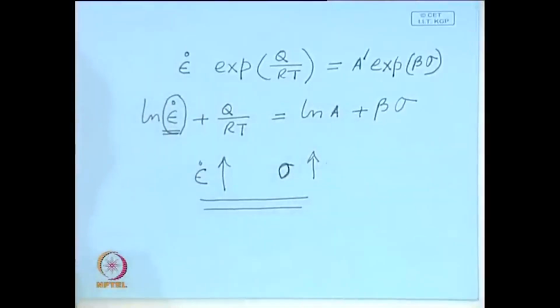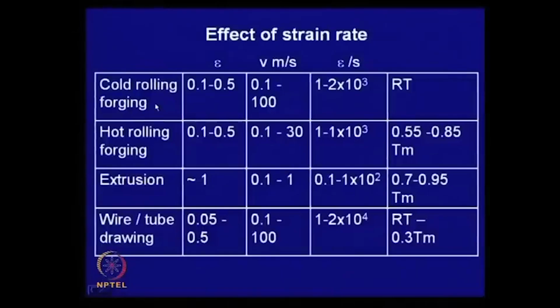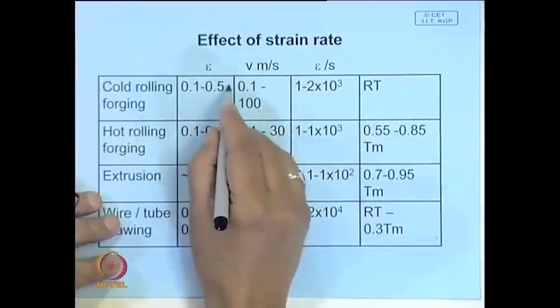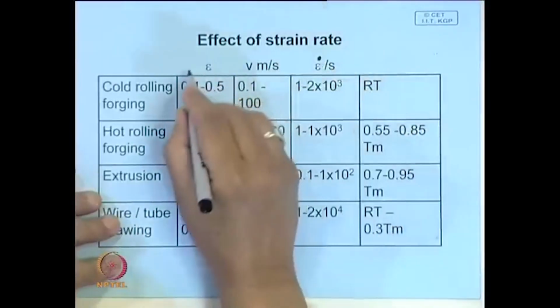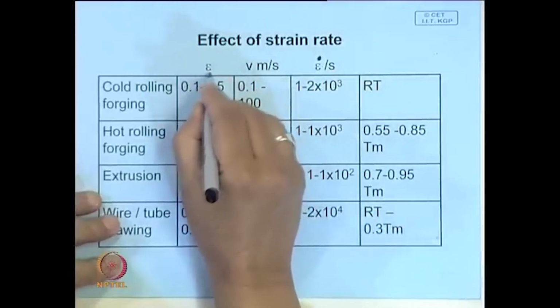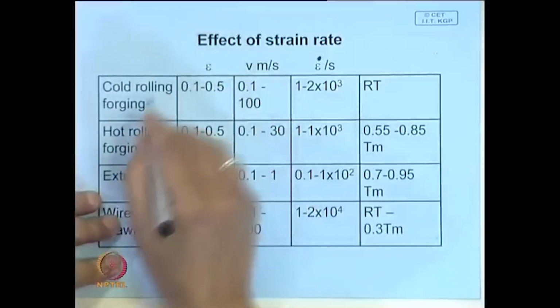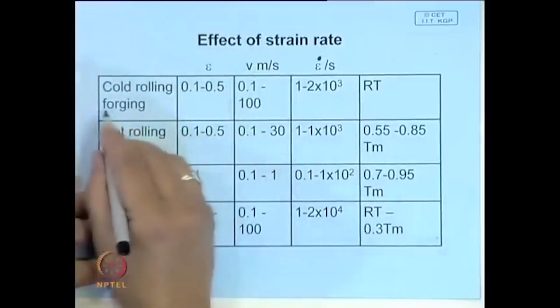And usually some of the effect of strain rate which are listed here, the strain rate can vary from one process of deformation to another. Like cold rolling, this is the amount of strain that is normally given in cold forging or cold rolling.